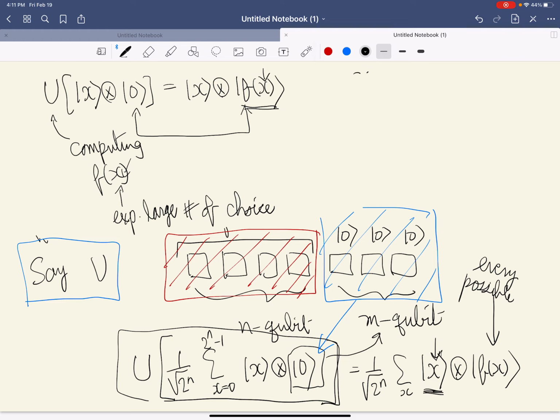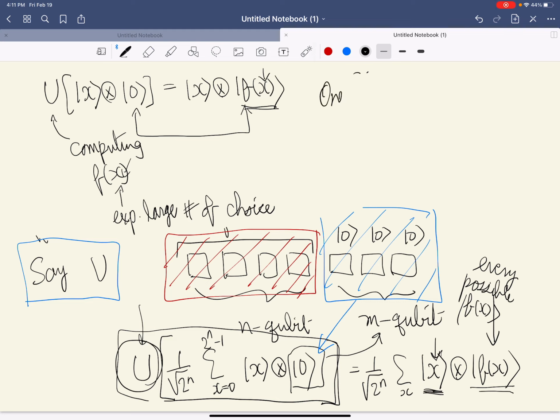Now, because we were doing this unitary operation on top of such a state, every possible functional value of f of x is also generated. And what you had to do to generate all possible outcomes of f of x is this single unitary operation.